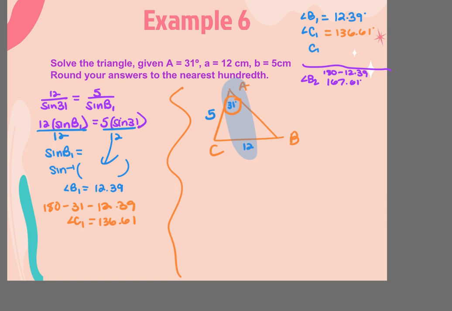The last thing I need to find is side c1. I'm going to use the a's that I was originally given: 12 over the sine of 31 equals c1, the side I don't know, over the sine of angle C1, which is 136.61.